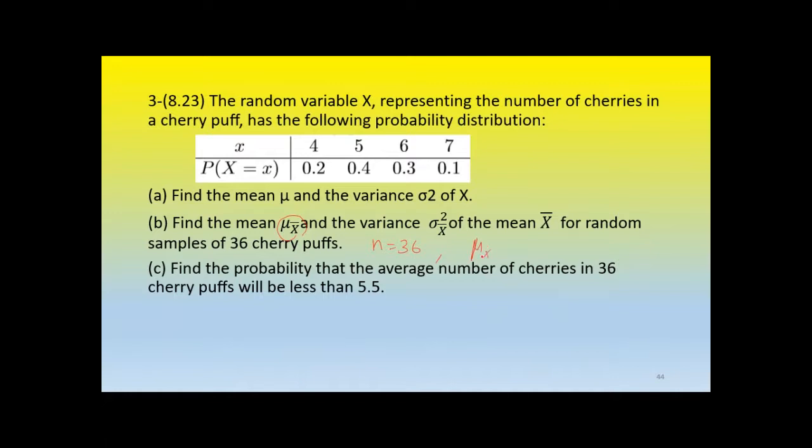Mu x bar is the same as mu, which is 5.3. But sigma square x bar is not sigma square. This is sigma square over n. That is, we know sigma x bar is sigma over root n. So square it on both sides. You will get sigma square over n, isn't it?